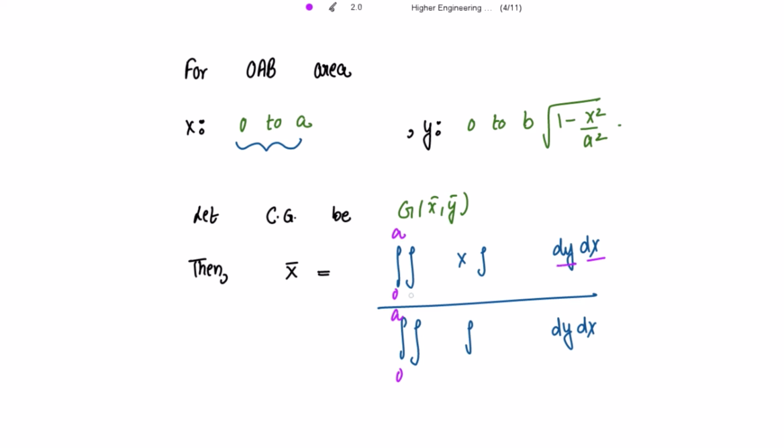And the limits of y are from 0 to b into square root of 1 minus x square by a square. What is rho? It is k into xy, right? So writing here rho as k into xy, the numerator becomes k into x square y. And in the denominator also rho is kxy, where k is a constant of proportionality.